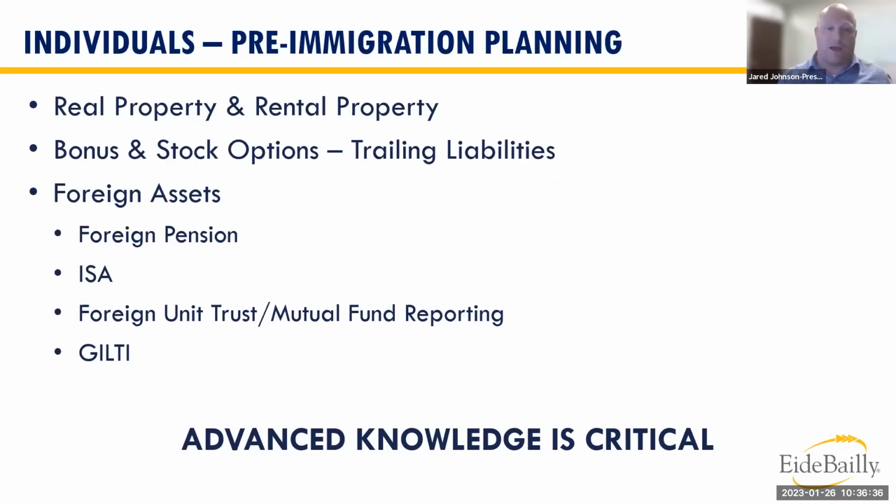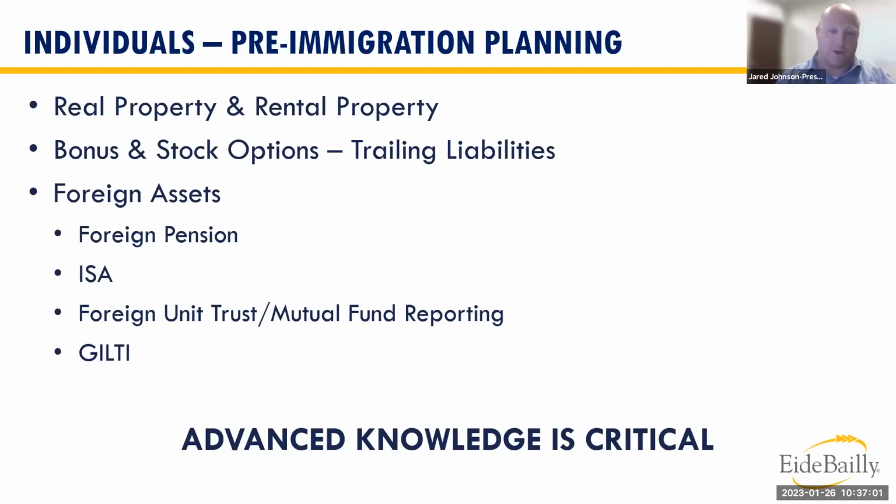They might be considered a foreign grantor trust. The assets that are wrapped up in that ISA might have some really difficult tax reporting, and really detrimental, high taxes, and it's something that you don't want to have.